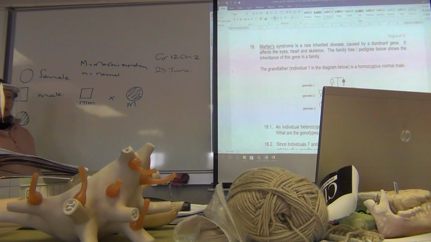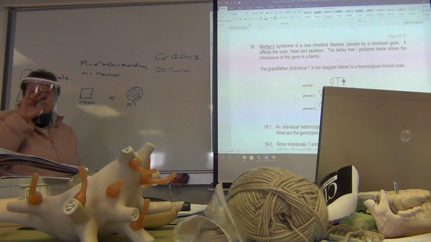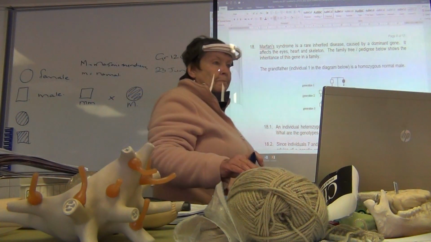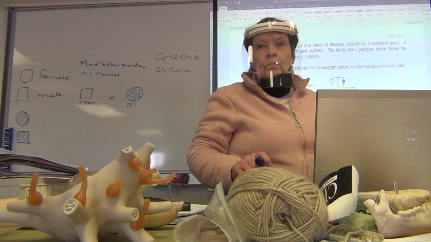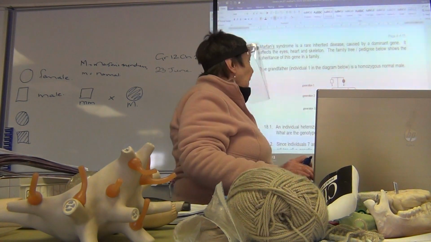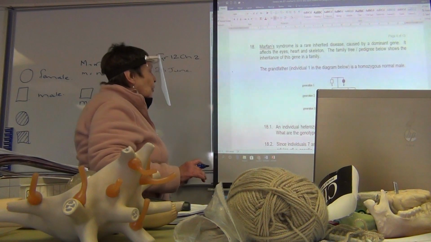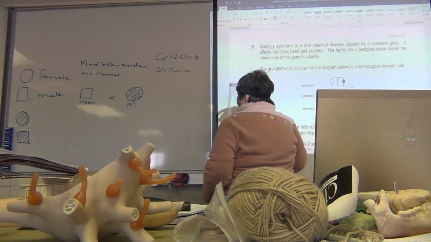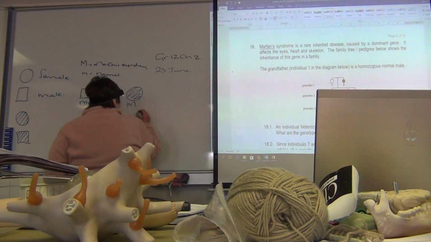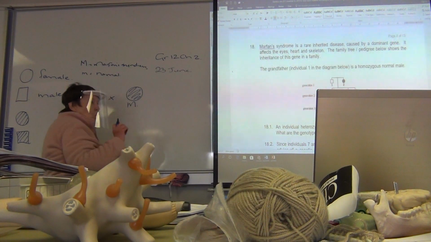How can you tell whether she's big M, little m, or big M, big M? The children. Just allow the rest of you to work it out. Sorry, must you repeat that question? Okay. Thank you. So I said to you, that mother, individual 2, could be big M, little m, or could be big M, big M. How do you work it out?